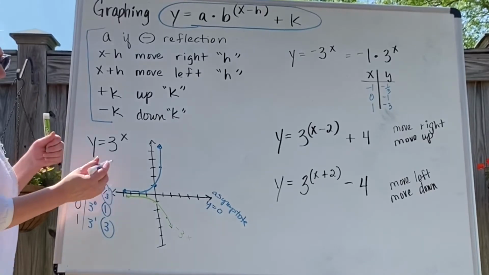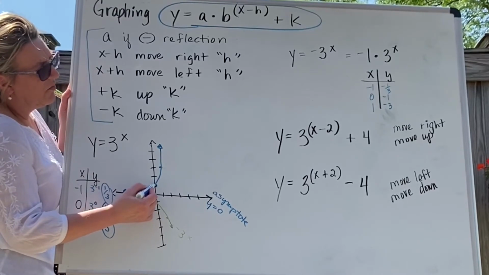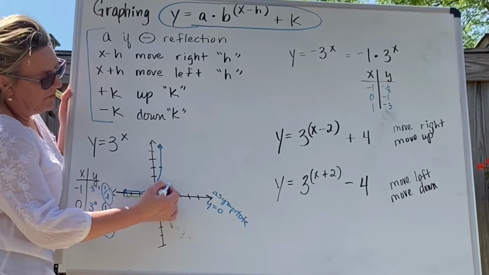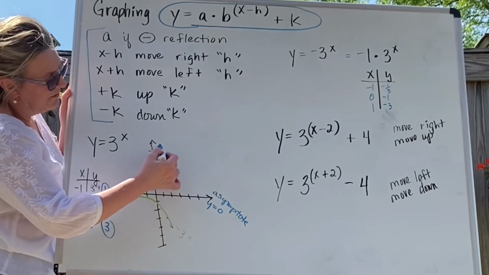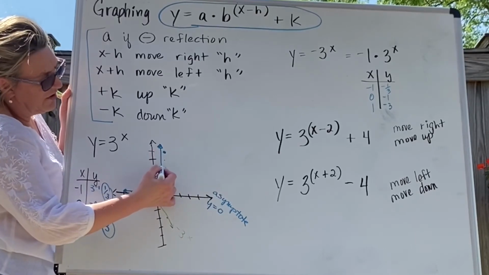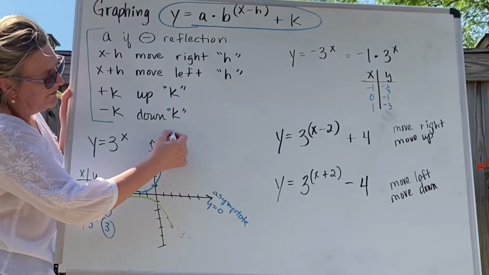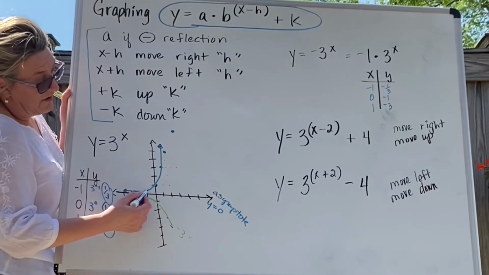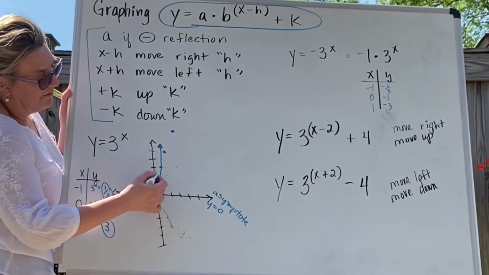So I'm going to take any point on the parent graph and I'm going to move it right 2 and up 4. 2, 3, 4. And so this point would go right 2 and up 4 as well. So what would happen with this point down here? Well, it's going to do the same thing. Right 2 and up 4.